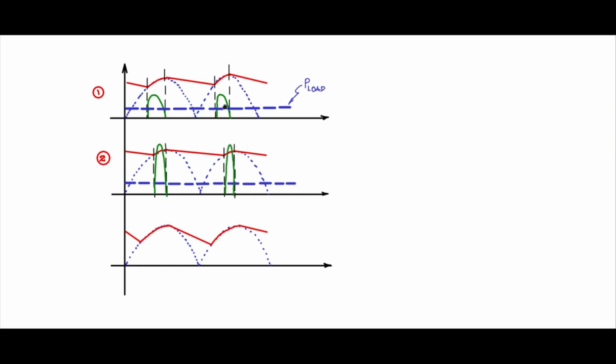Current peak will be much larger compared to this. Likewise in case 3, you will see that for the same average power, we have consciously increased the current conduction time, and the current peaks will be much lower.